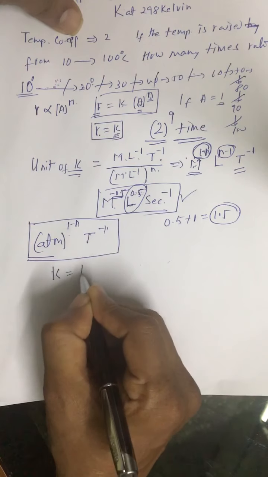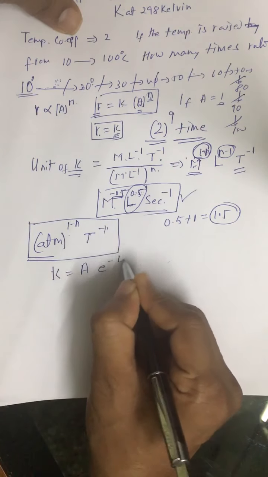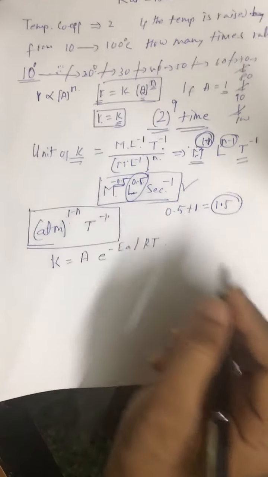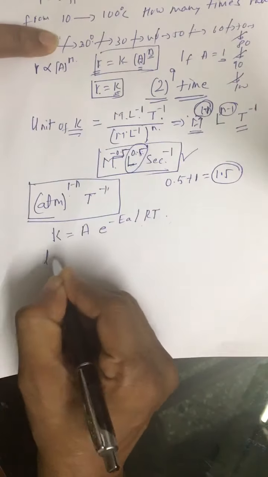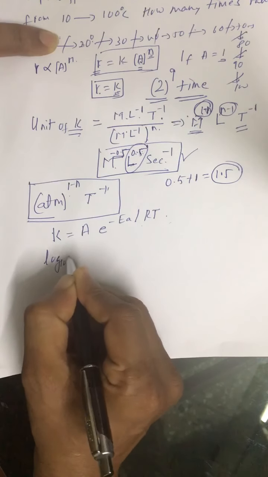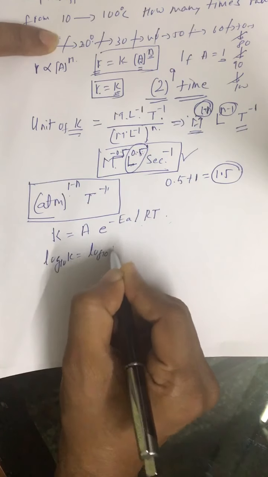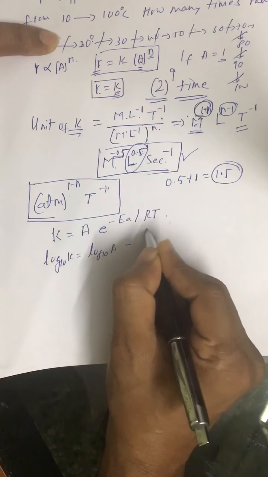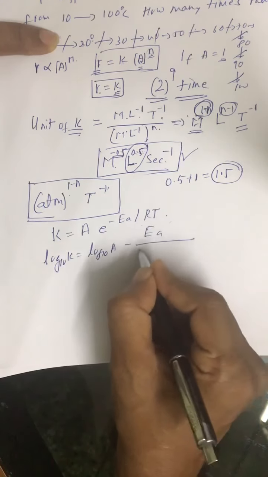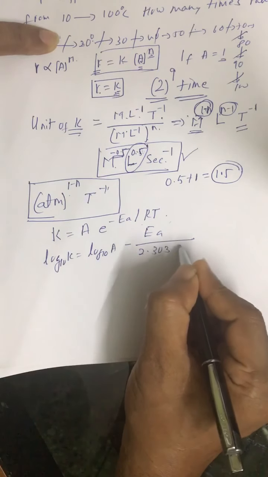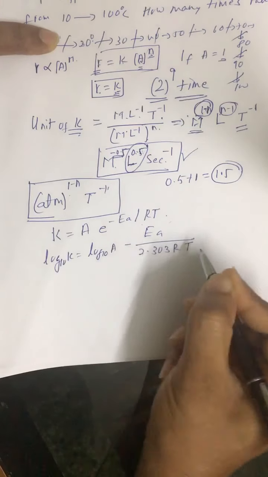This is the Arrhenius equation, K equal to A e to the power minus EA upon RT. And if you take log of it, you get log of K equal to log of A minus EA upon 2.303 RT.